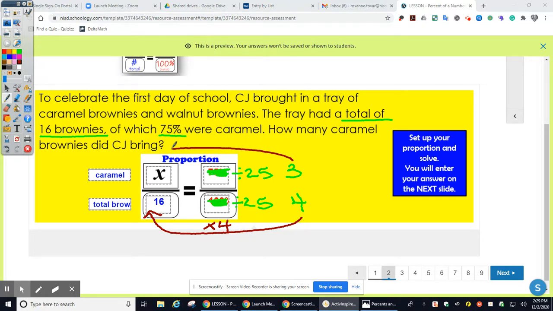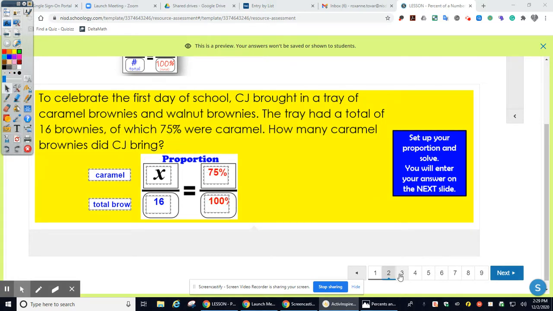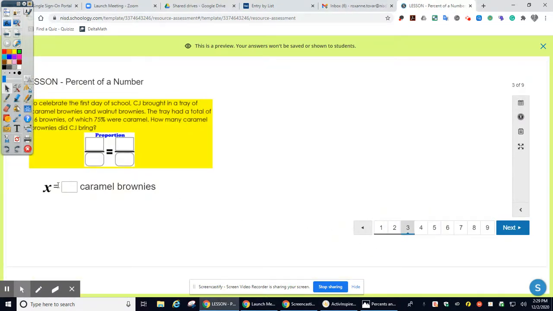So now I have to do 3 times 4, and 3 times 4 is 12. So X must be 12. That means we have 12 caramel brownies out of 16 total brownies. So then I would go to the next answer here, and I would put in 12.